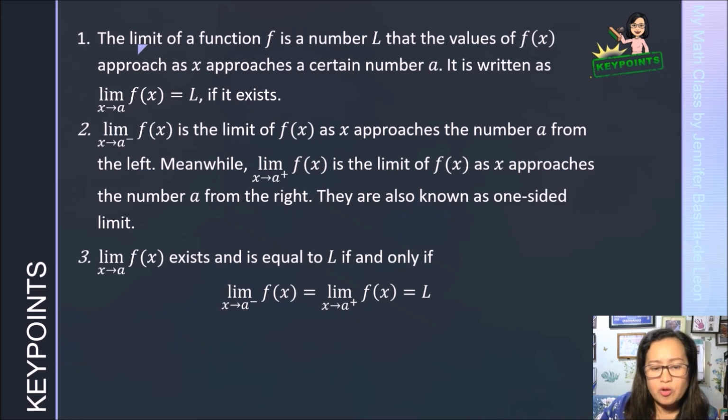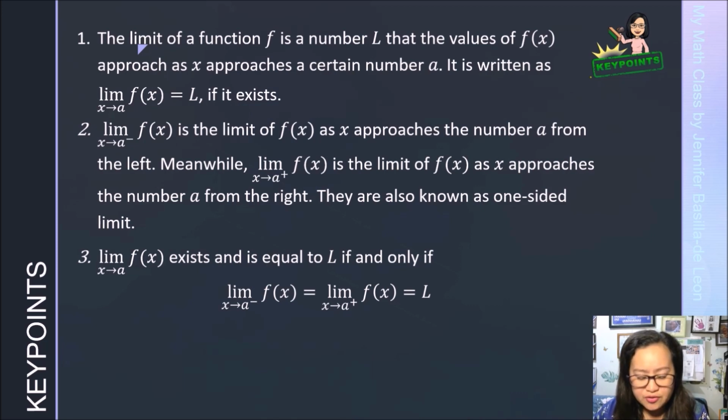Now, in order for the limit to exist, make sure to arrive at a single number when we evaluate the given function from the left and from the right.